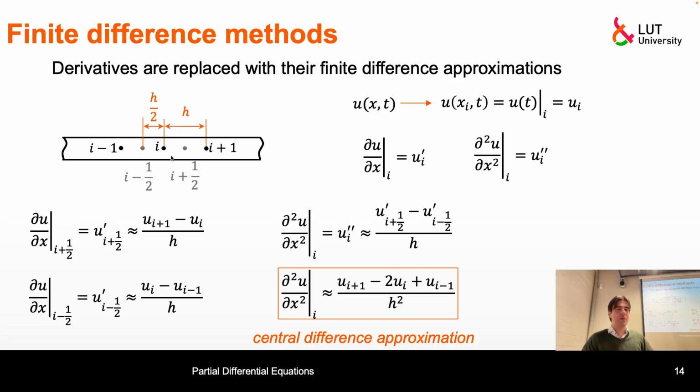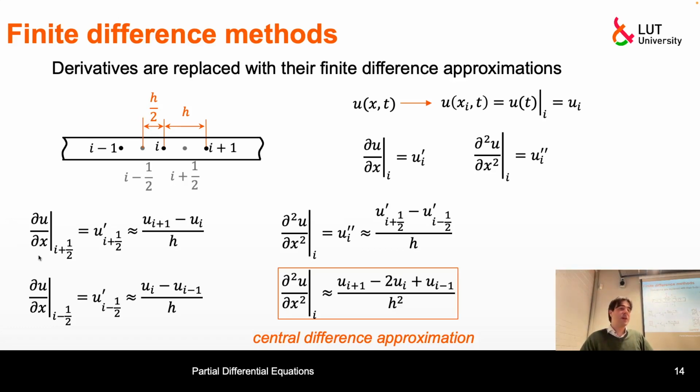They are gray, in between. Let's suppose the distance between the normal points, the black ones numbered with normal numbers, is h, and therefore the gray points are in between, at h/2.